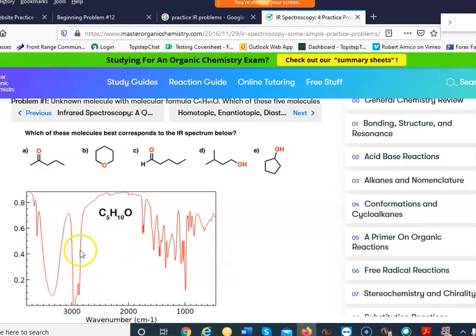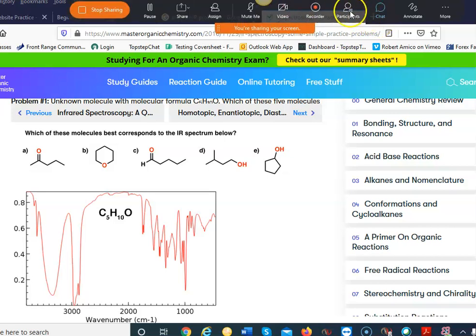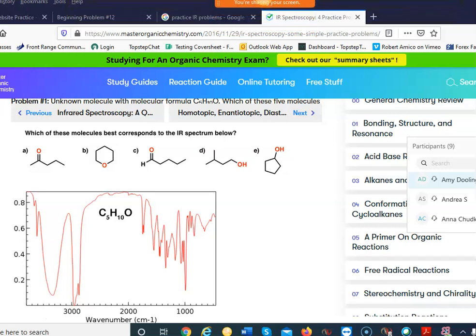So by looking at this IR, why don't you guys tell me what functional groups you see based off of what we talked about? If you want to go on your mic, I'm totally fine with that. We have 8 people in here, so I don't feel like people will be talking over each other. So Luke says an OH peak.